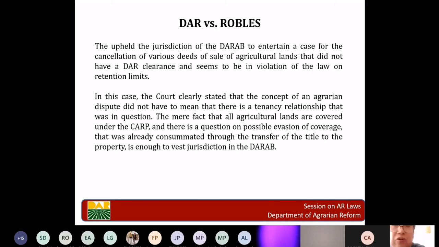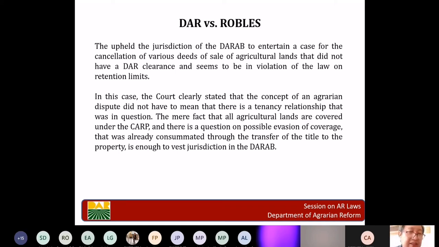Now, we all know that the parties in a case before the DARAB must be the parties having an interest on the subject matter, on the land subject matter of the litigation. And then proper litigant, the tenant may avail of the privilege of a proper litigant by alleging it in a complaint or motion without presenting any proof. And once granted, that tenant can continue to enjoy such status at all levels of the proceedings, even on appeal.